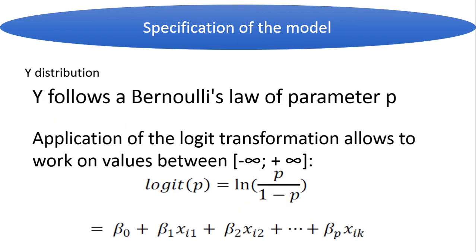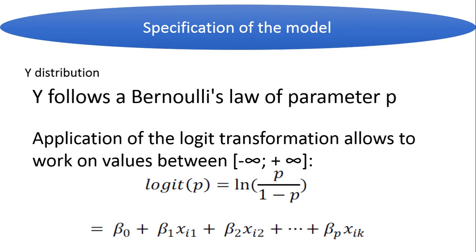For the distribution of y, we can say that y follows the Bernoulli law of parameter p. p is the parameter that we are going to estimate using a logistic function. So if we have two modalities, we can suppose that our variable follows a Bernoulli law of parameter p.